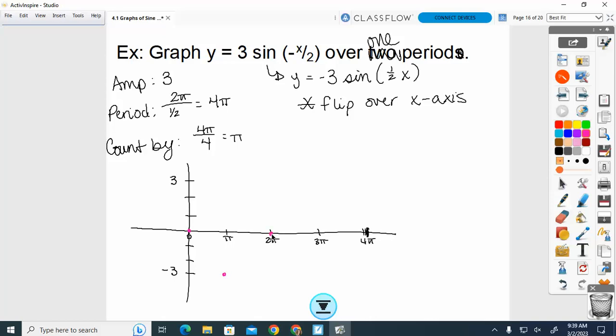Back to 0. Up to +3. Back to 0. Any questions here?